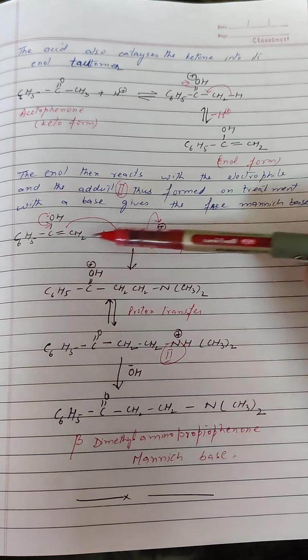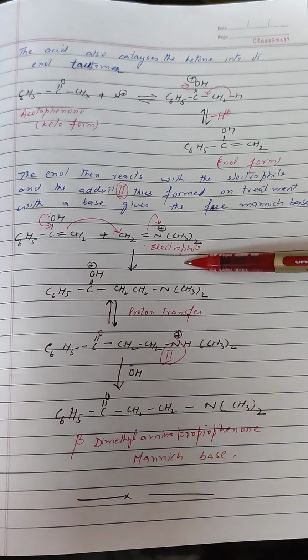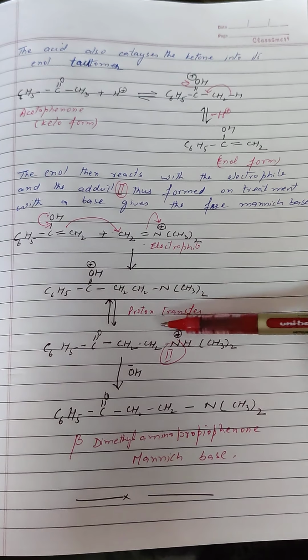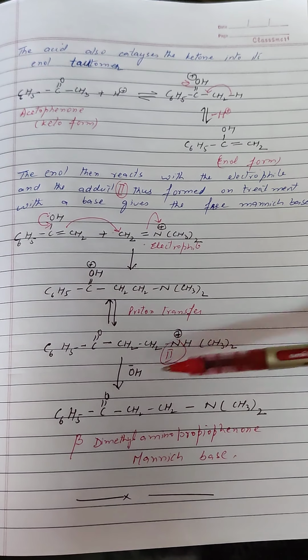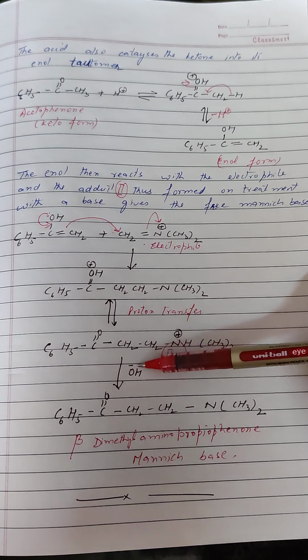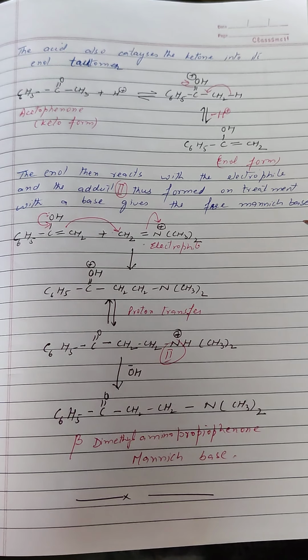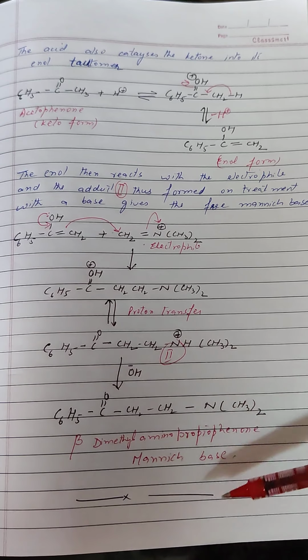So attack of enolizable ketone on the electrophile which we have prepared earlier results in the formation of an addition compound. This addition compound 2, as we have seen here, then in the presence of a base, sodium hydroxide, will give us a free Mannich base. Mannich base is actually the common name given to the product by the scientist.